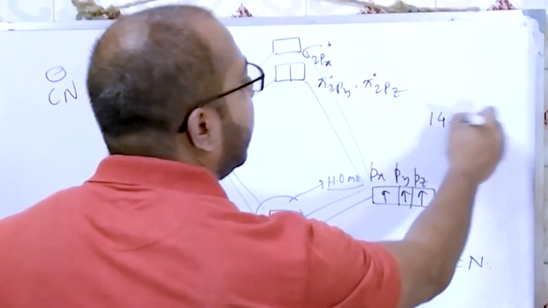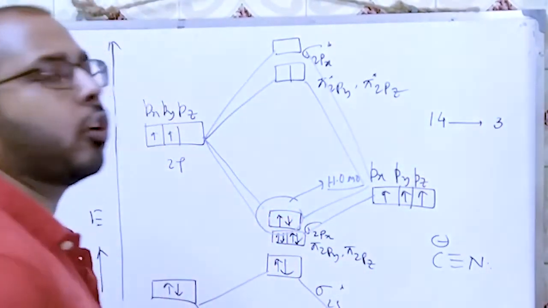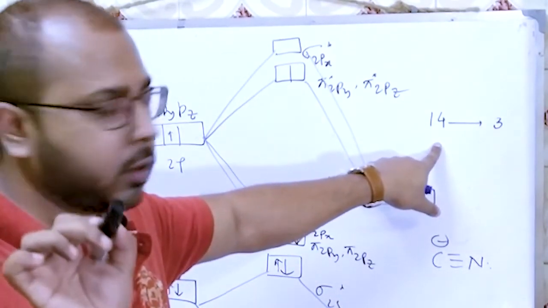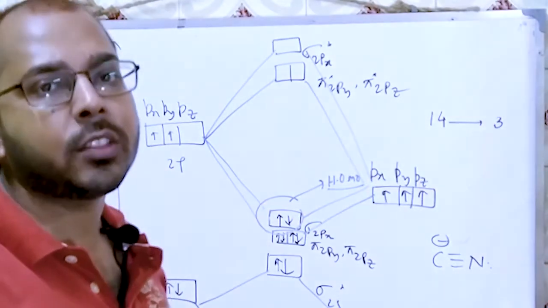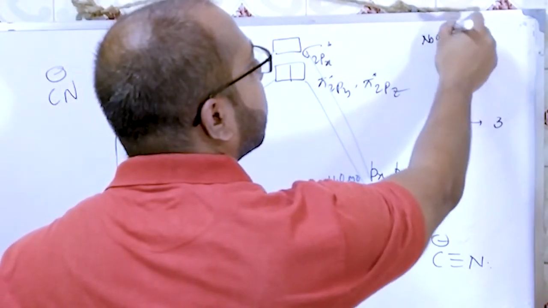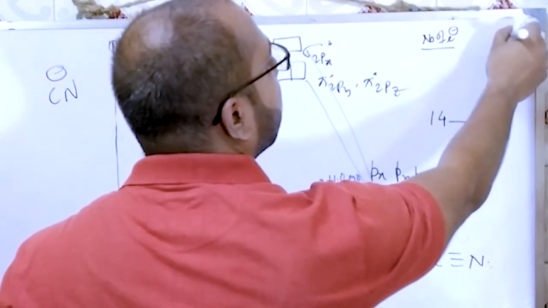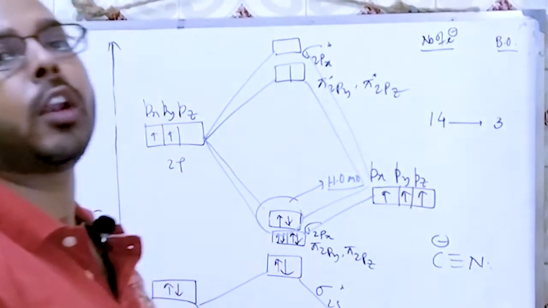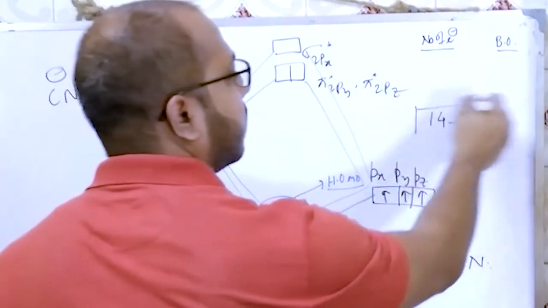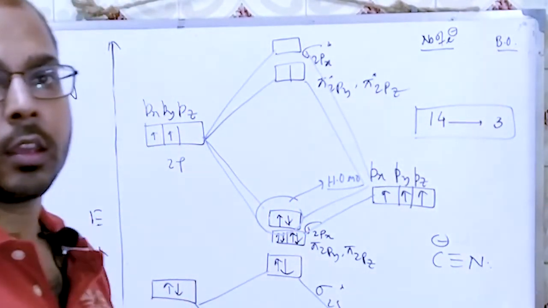ये याद रखना है, अगर number of electron 14 होगा, if number of electron is 14, then bond order will be 3. Number of electrons if 14, then bond order will be 3. We have to remember this. Okay.